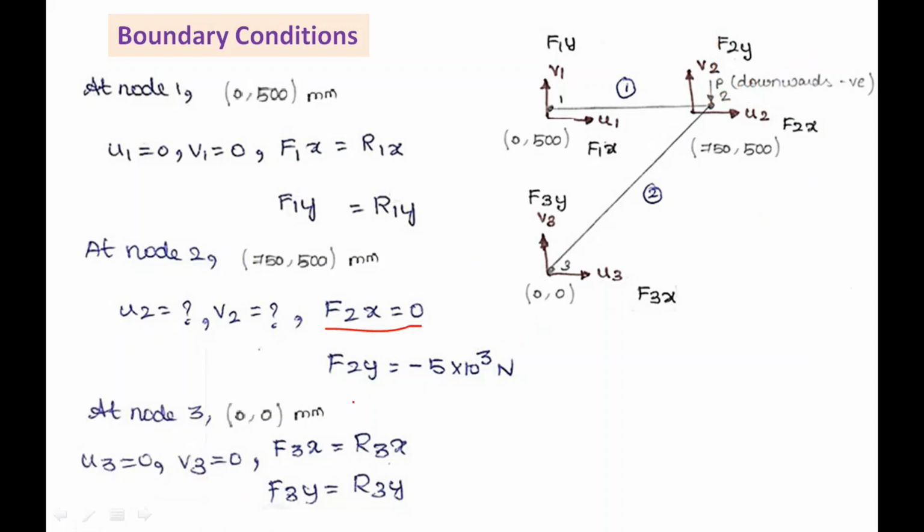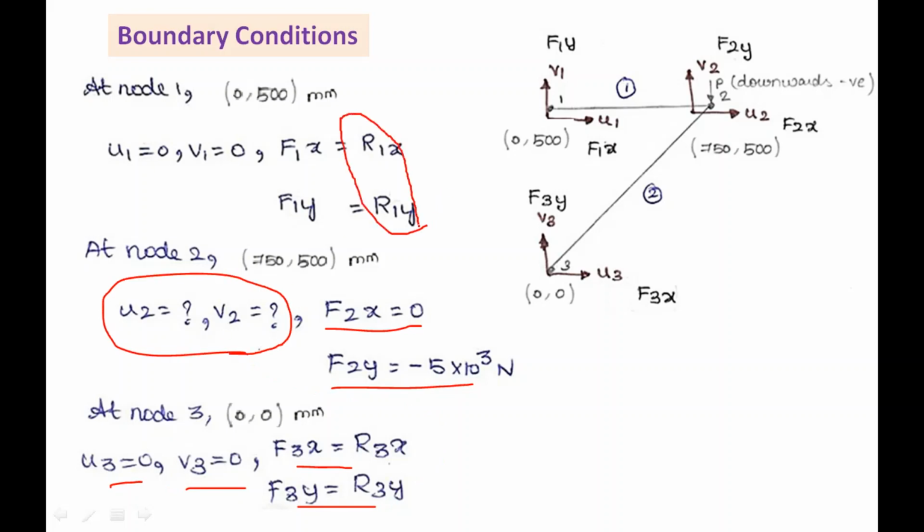So F2x is 0, F2y is minus 5 into 10 power 3. At node 3, we have U3 0, V3 0 and reactions F3x is R3x, F3y is R3y. We have to find out the two unknown displacements U2, V2 and unknown reactions R1x, R1y and R3x, R3y.